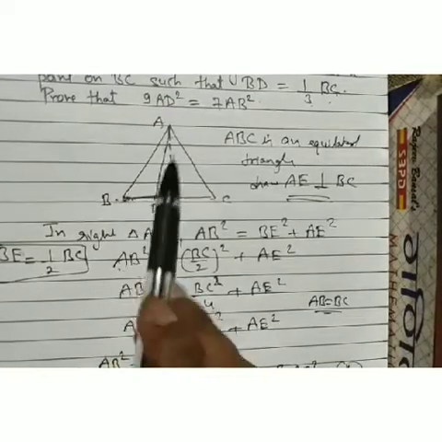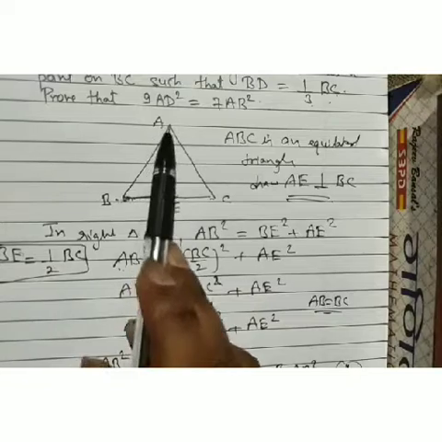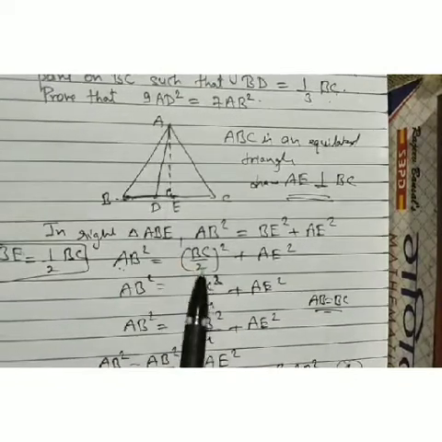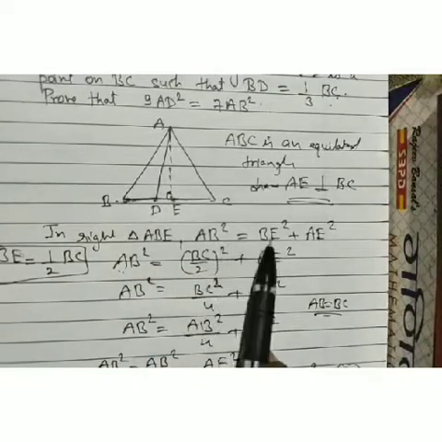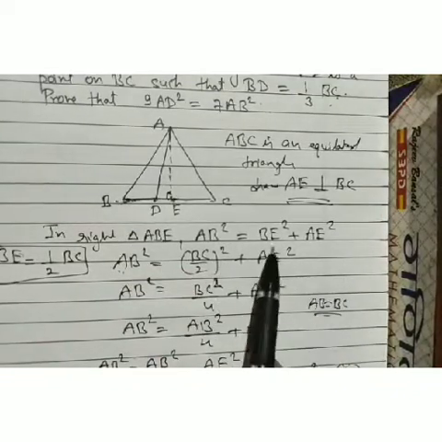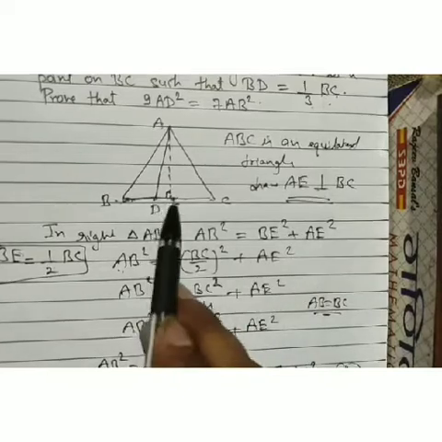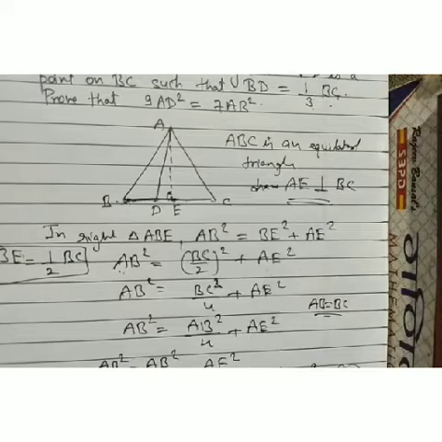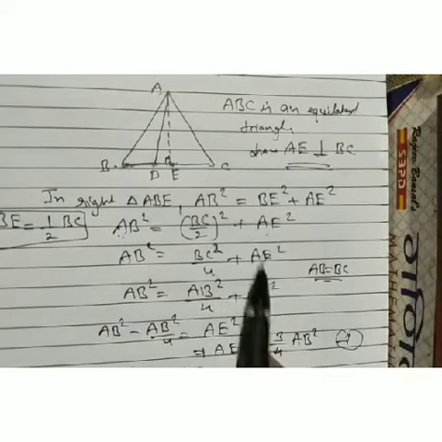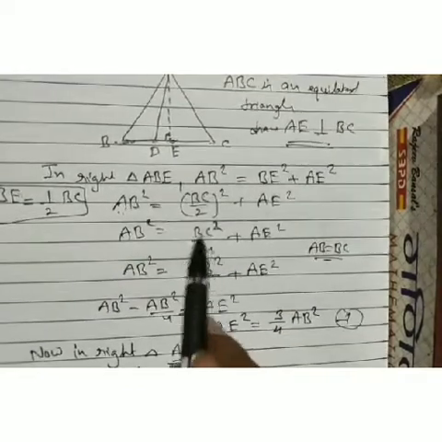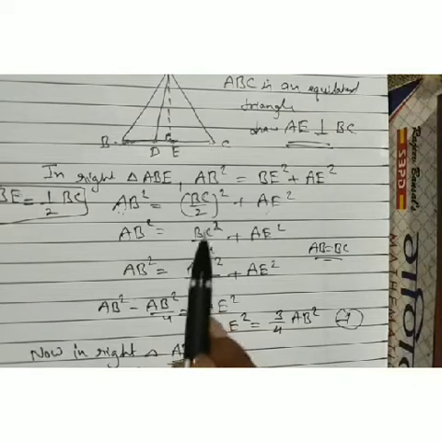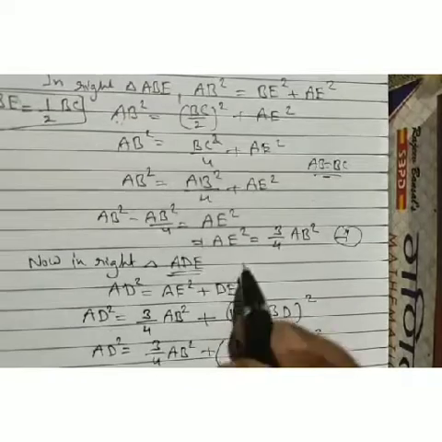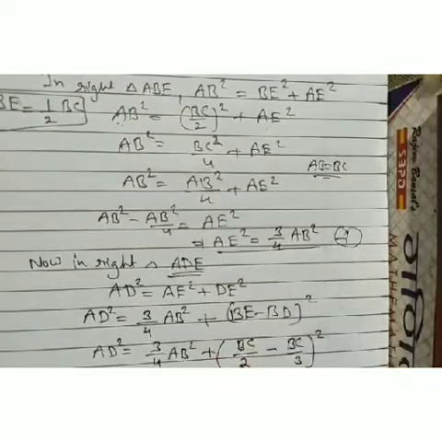Then we take the right angle triangle ABE, and using Pythagoras theorem we have AB square equal to BE square plus AE square. Since E is the midpoint, we change BE by BC by 2, and AE square. Then we get BC square by 4. But our triangle is equilateral, so we convert BC equal to AB, and after solving we get the condition AE square equal to 3 by 4 times AB square.